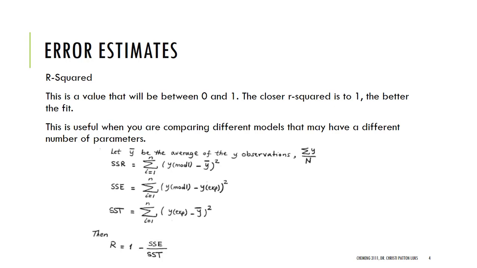Now this R number is 1 minus the SSE over SST, and we usually square it because that way we get something that's always positive, so instead of being between -1 and +1, I'm between 0 and 1. My goal is if it's exactly equal to 1, I have a perfect fit. The further away I get from 1, I have perhaps an adequate fit.